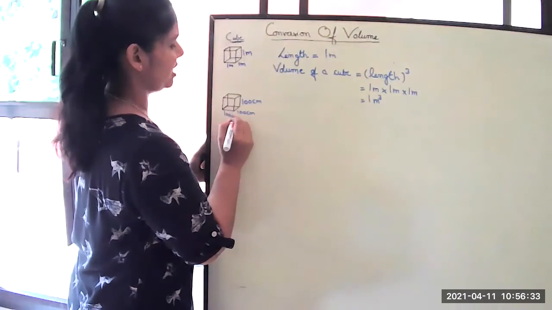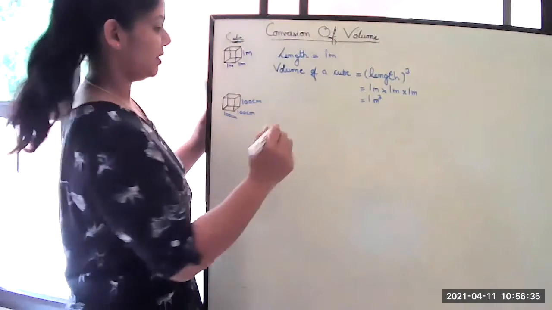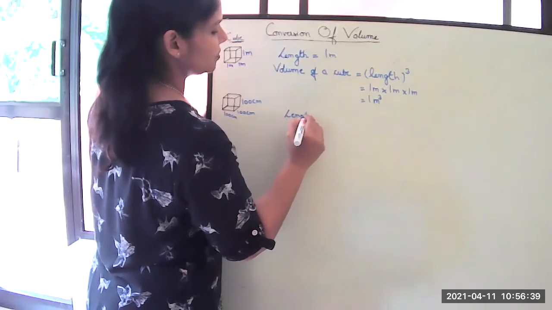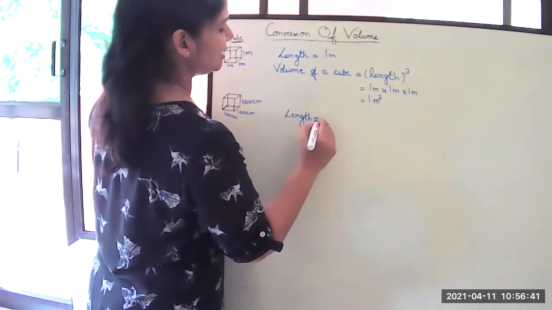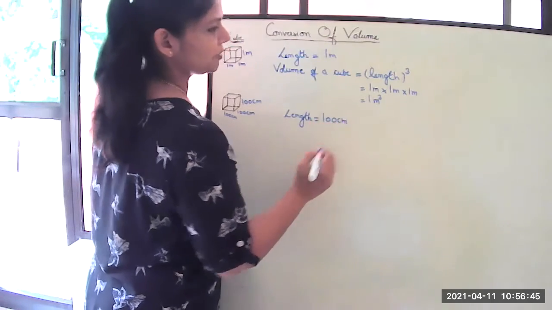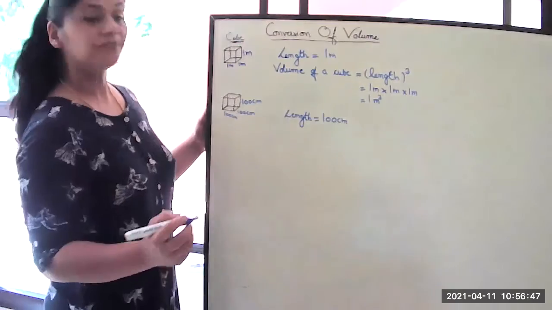All the three sides are 100 centimeter. For a cube, all the sides are equal. So we are taking it as length 100 centimeter. Okay.